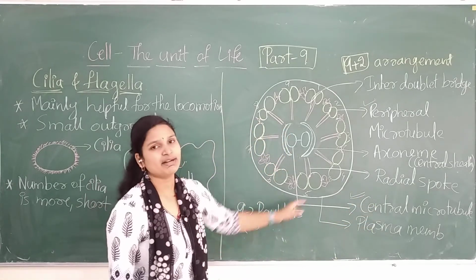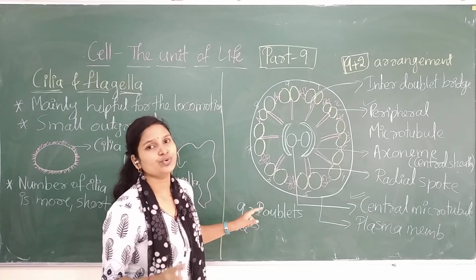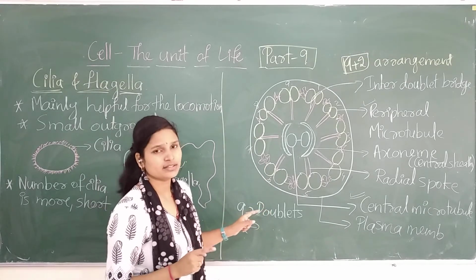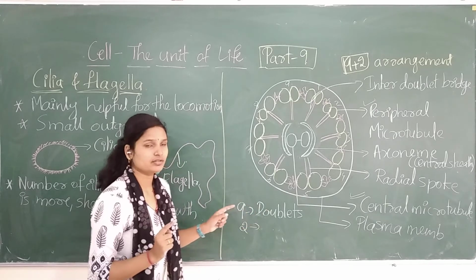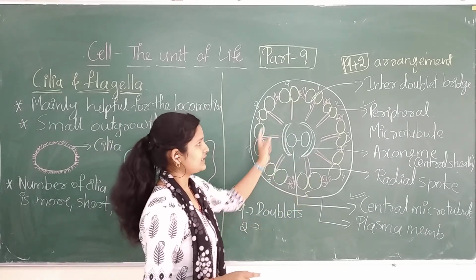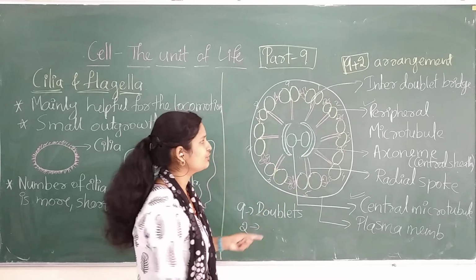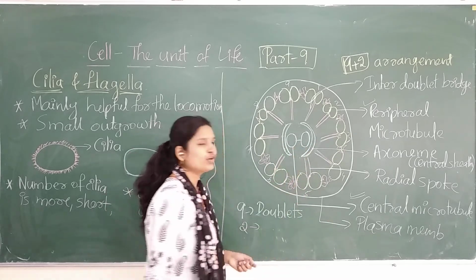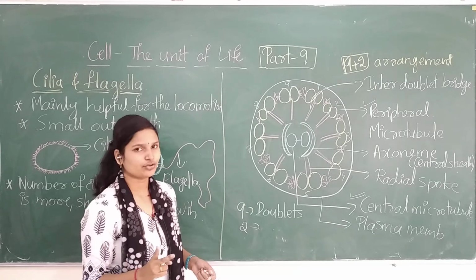So the arrangement will be 9 plus 2 arrangement. Very important. In MCQ and other exams there will be questions regarding this arrangement. Try to remember, there are 9 peripheral microtubules and 2 central microtubules.